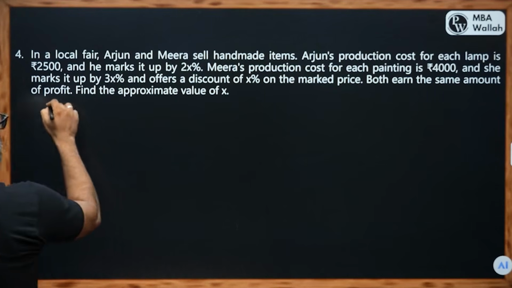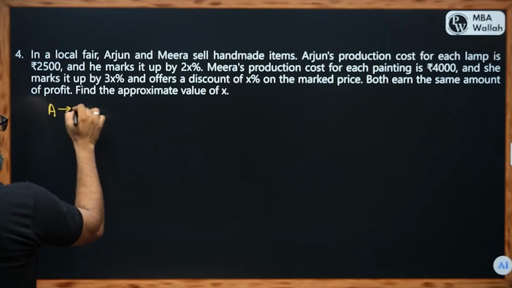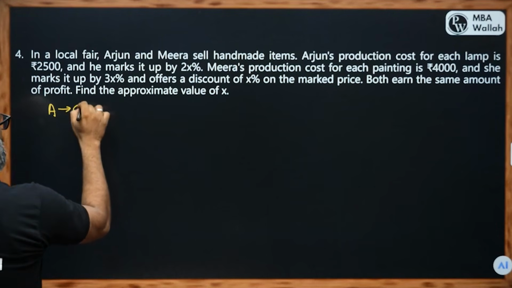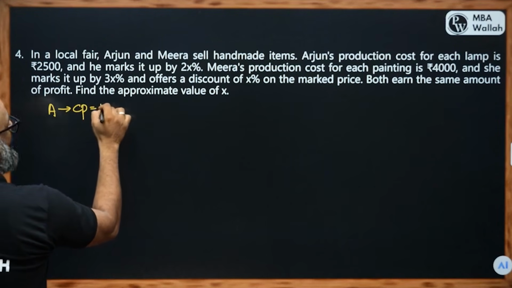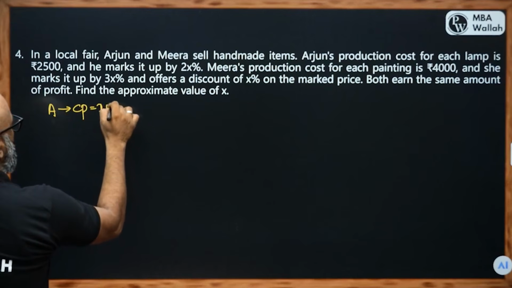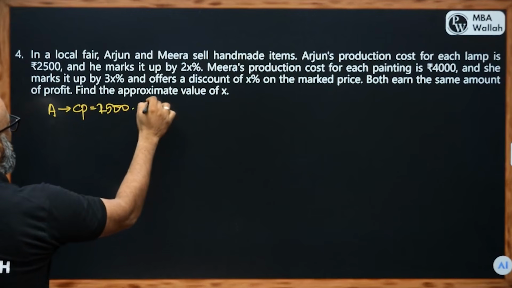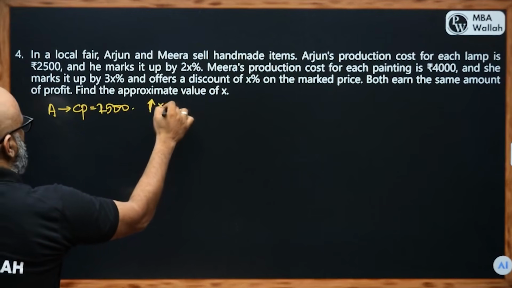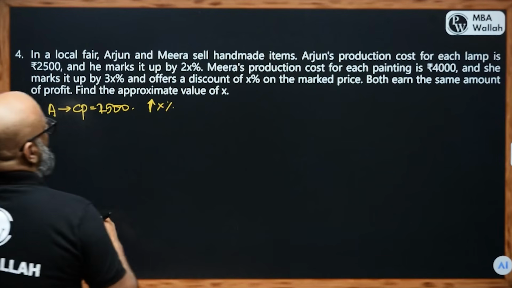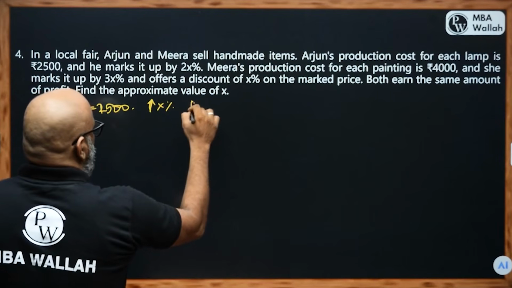So Arjun buys something for a cost price of 2500, increases it by 2x%, and then he has a profit.